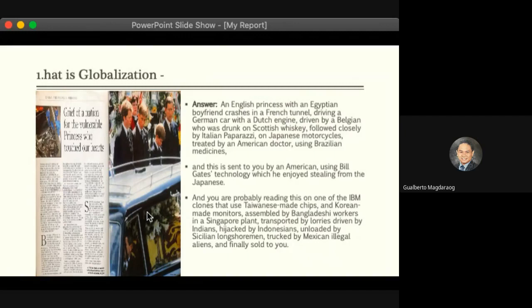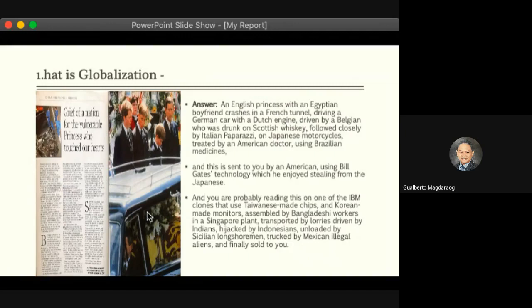And you are probably reading this on one of the IBM clones that use Taiwanese made chips and Korean made monitors assembled by Bangladesh workers in a Singapore plant, transported by lorries driven by Indians, hijacked by Indonesians, unloaded by Sicilian longshoremen, tracked by Mexican illegal aliens, and finally sold to you.